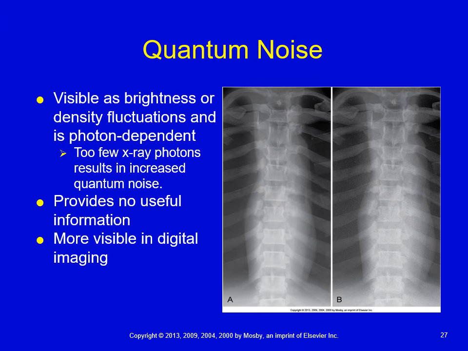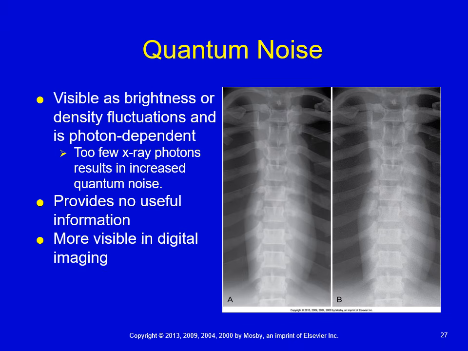Back in the day, with film screen, this would have been called something called quantum mottle, but it all basically is created by the same thing. So quantum noise is basically that we have an image that has a grainy or speckled appearance. The biggest thing to understand about noise is that it happens when the technique is too low. So if the technique is too low, that means that not enough X-ray photons reach the image receptor.